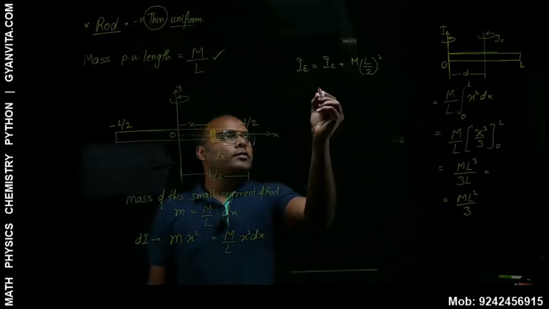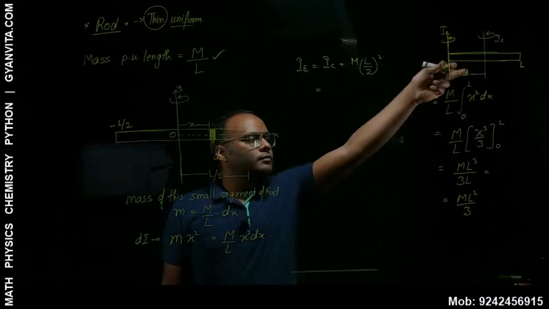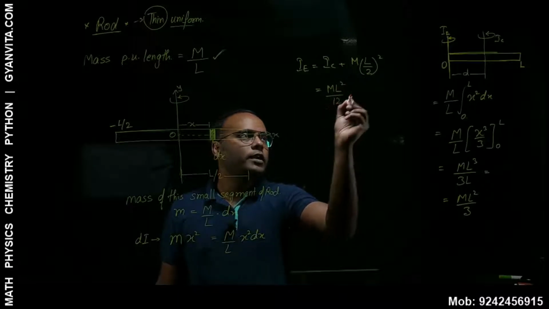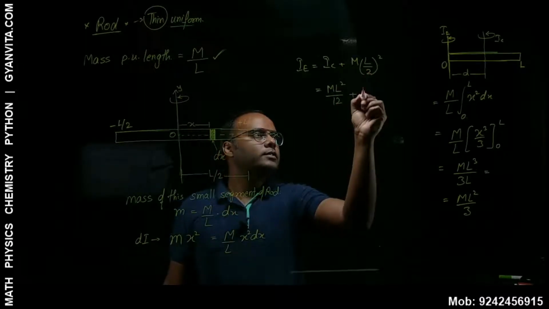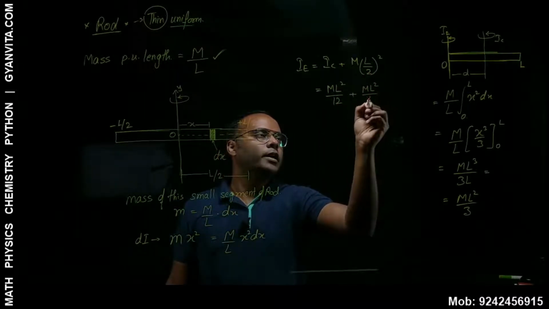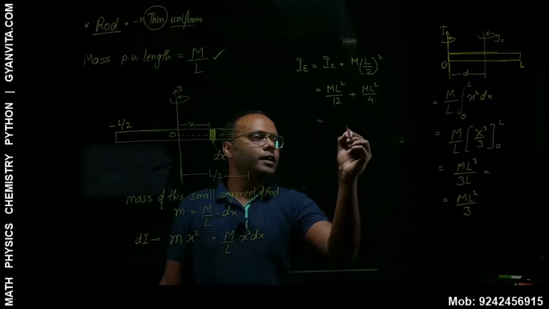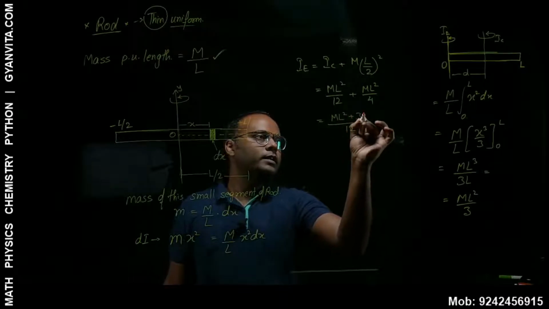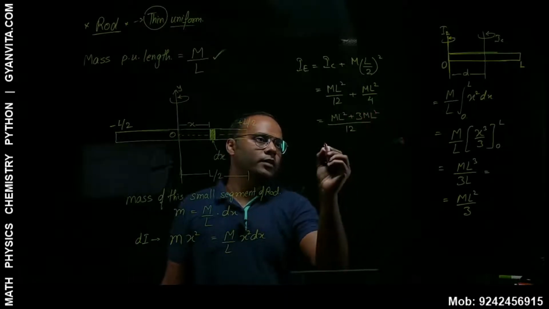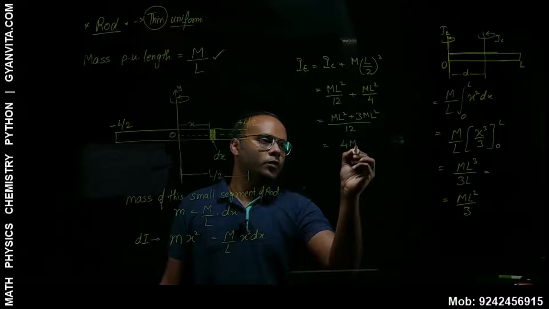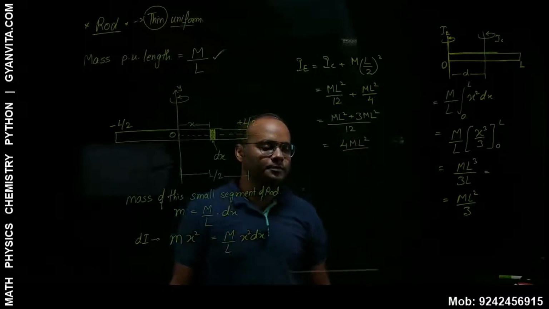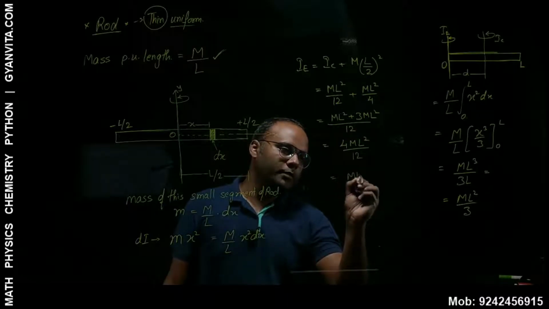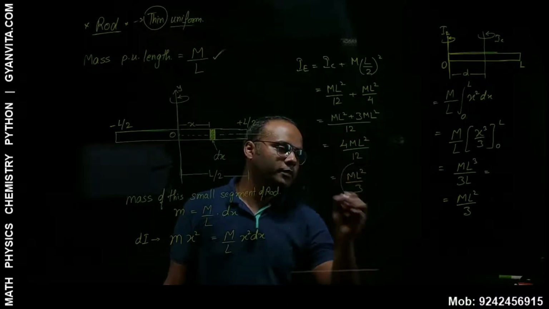So what is IC? That we have already found, that was ml square by 12, plus this will be ml square by 4. Simplify it, 12 LCM, ml square plus 3 ml square. Total it will be 4 ml square divided by 12. That is nothing but ml square divided by 3.